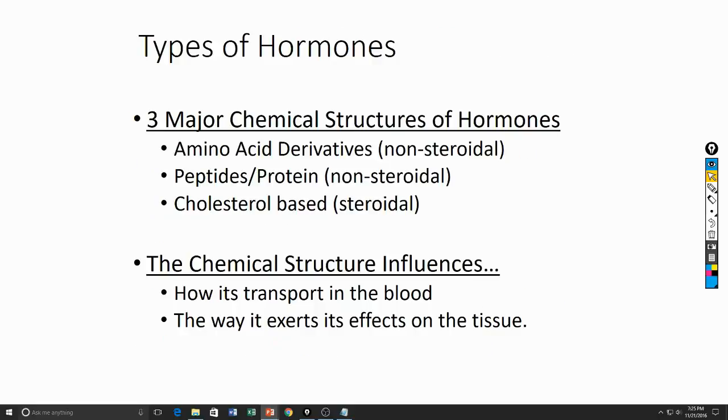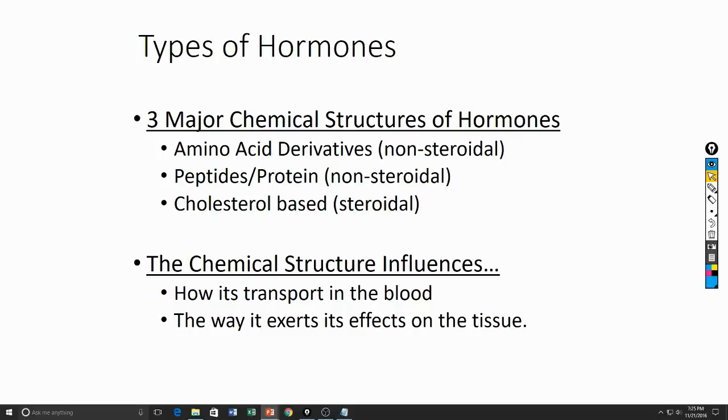Looking ahead here, there are three major types of hormones, or chemical structures of the hormone. There are two that are non-steroidal, and one that is steroid based. A steroid hormone is formed from cholesterol, most of the time from LDL cholesterol, the low density, quote unquote bad cholesterol you've probably heard of before. That's useful for making steroid hormones.